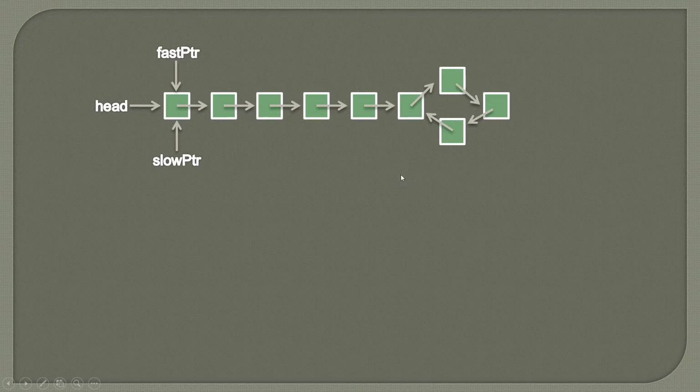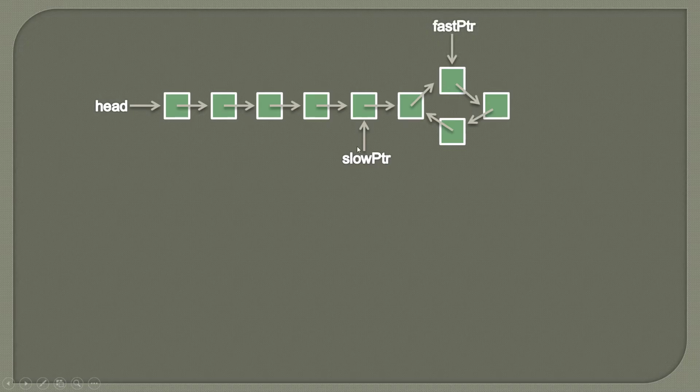So first let's see how it works. We move the fast pointer by 2 steps, slow pointer by 1 step. Again, fast pointer by 2 steps, slow pointer by 1 step. Now the fast pointer has reached here, because this is the first step, this is the second step. Slow pointer by 1 step, fast pointer by 2 steps.